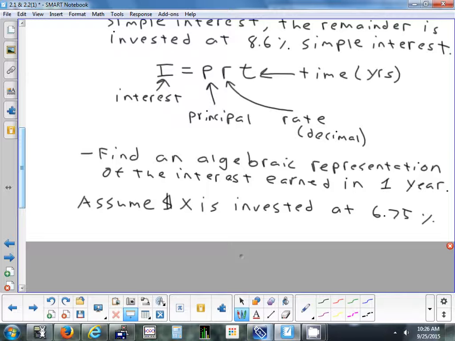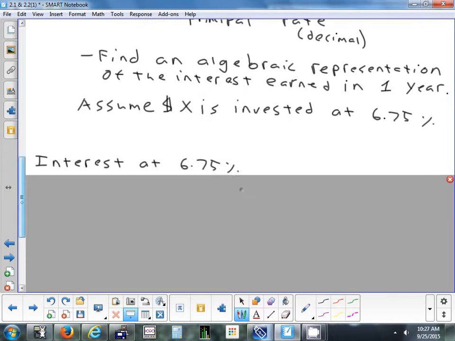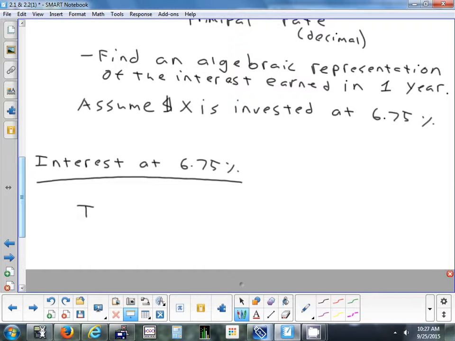So let's start by finding how much interest he earns separately in each of those investments. All right, so for our first one, interest at 6.75%. So interest equals.